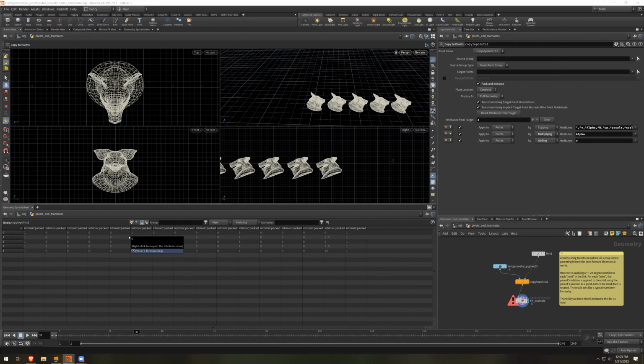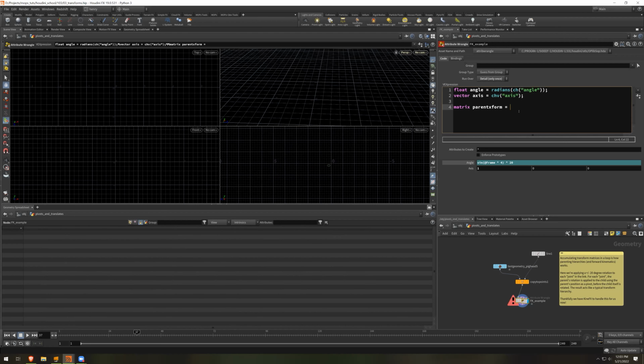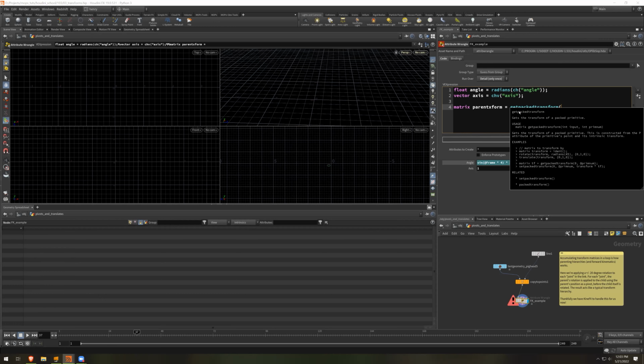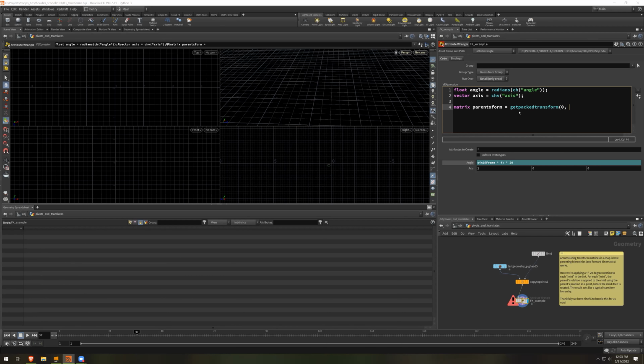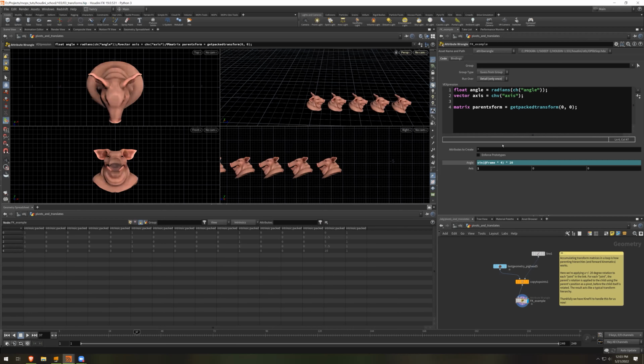You can, in VEX, fetch that by using the same prim intrinsic function we used before, but there's a shortcut that they added sometime around Houdini 18 maybe called getpackedtransform. And I'm getting it from input 0, so the first input here, and the primitive number I want to get is the first pig, so 0. So now I have the transform matrix of this first pig stored as this value.